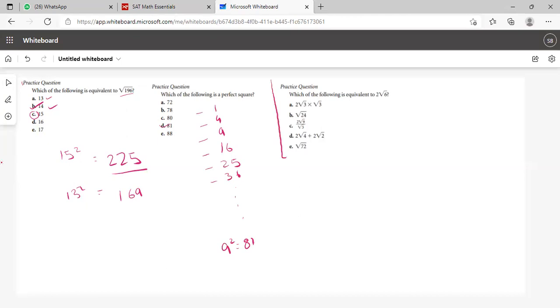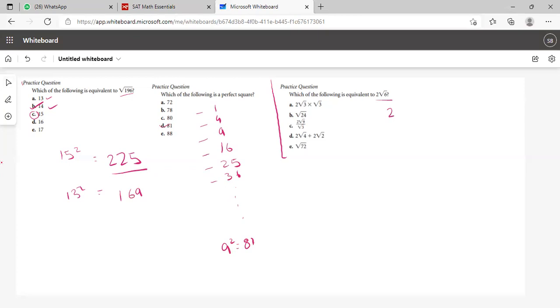Yes, ma'am. Okay, which of the following is equivalent to 2 under root 6? Now this is an interesting question, and this is from what we have just discussed. So I want you to answer this. Can A be the answer? I don't think A is the answer.